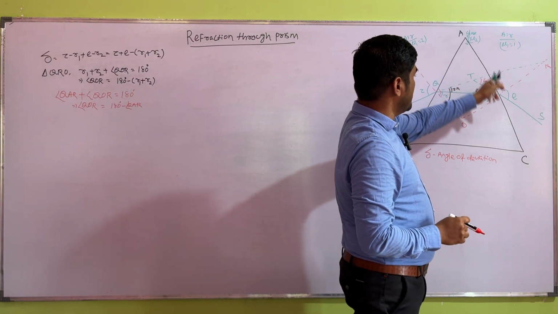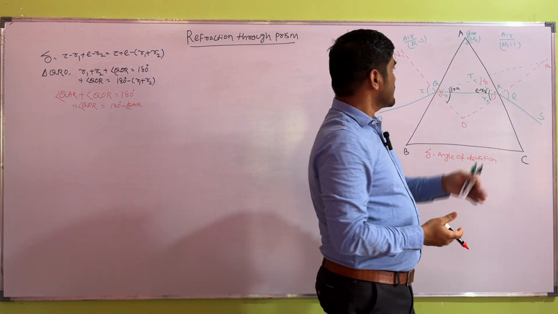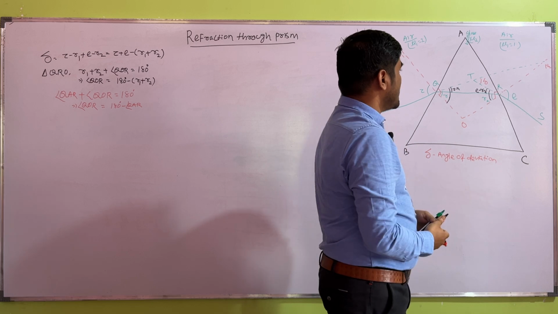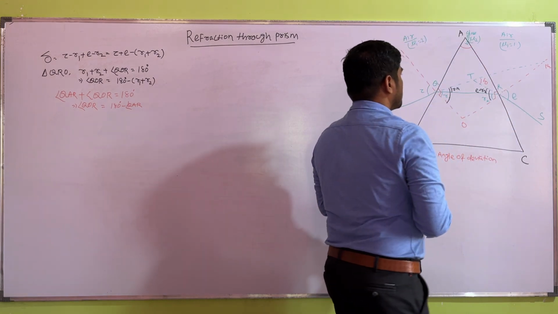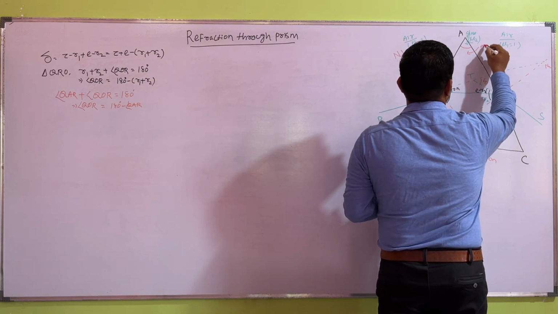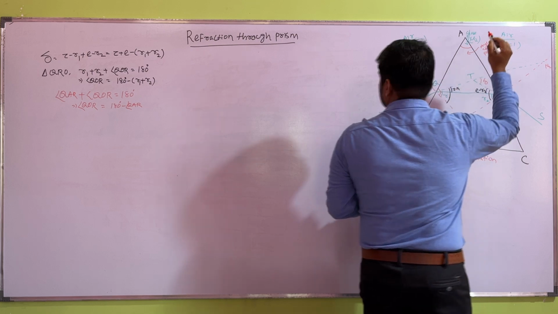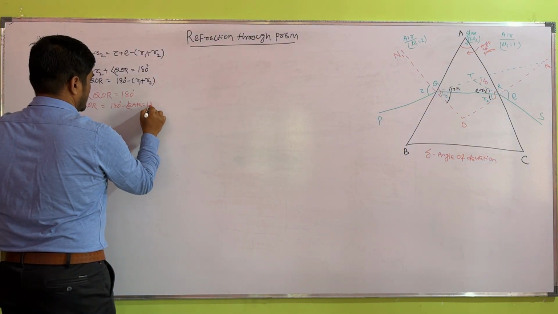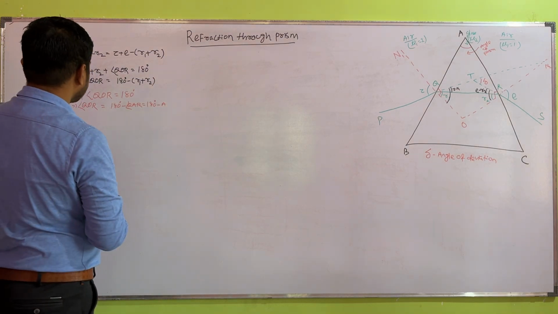The angle QAR is known as the angle of the prism. That is the angle made by the two refracting surfaces. So we can write that it is equal to 180 degrees minus the angle of prism.